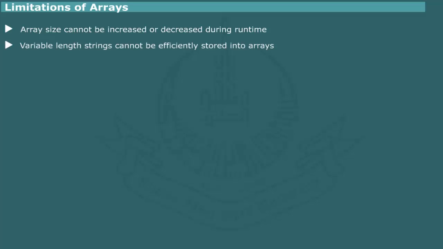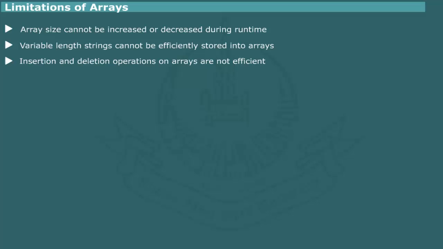Variable length strings cannot be efficiently stored in arrays because a large amount of storage space will be wasted on account of padding space characters. Number 3. Insertion and deletion operations on arrays are not efficient. Every time a data item is added or removed, a large number of elements may need to be shifted.